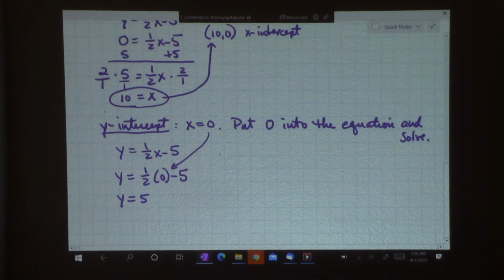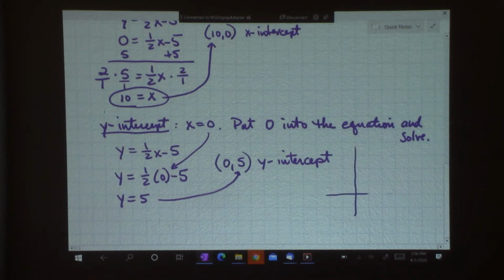So y is 5, so I'm going to have 0 for x, and I'm going to put 5 in here. So this is the y-intercept. And just to show you, if I was to graph it, 1, 2, 3, 4, 5, 6, 7, 8, 9, 10. Here's my x-intercept, because that's where it crosses the x-axis.